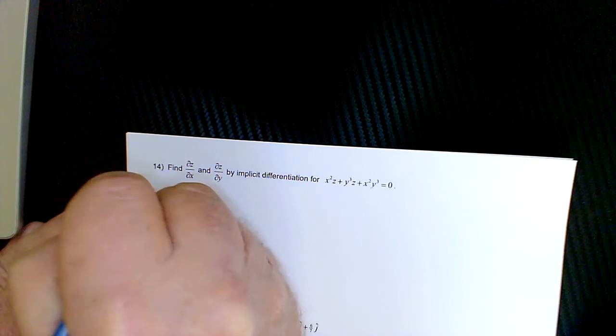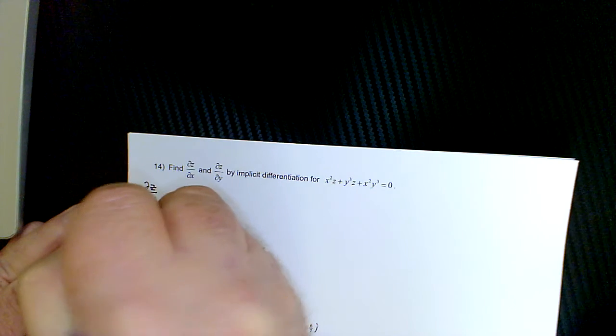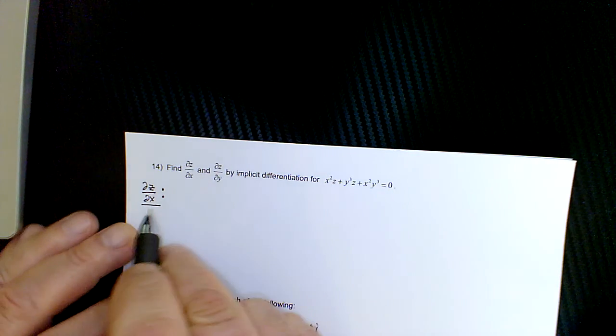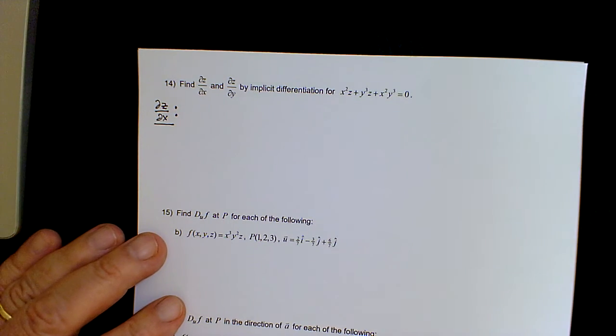So when we find the partial of z with respect to x, I'm just writing it off to the side because I want to remind myself that z is the dependent variable and x is the independent variable.